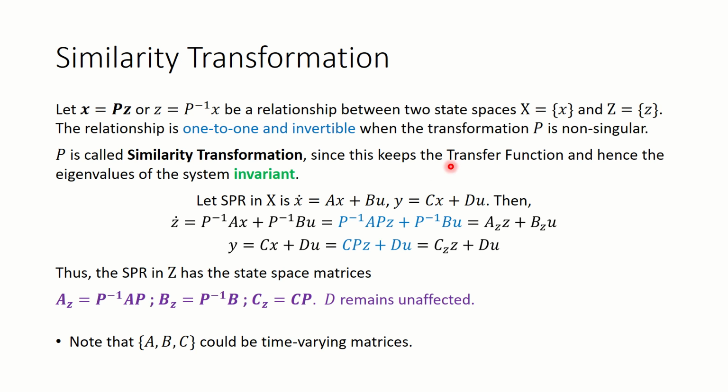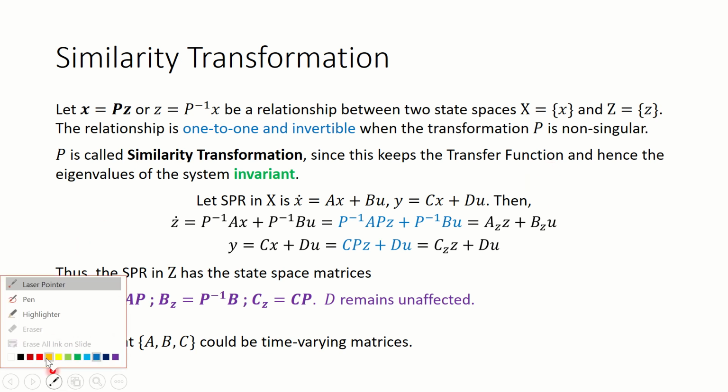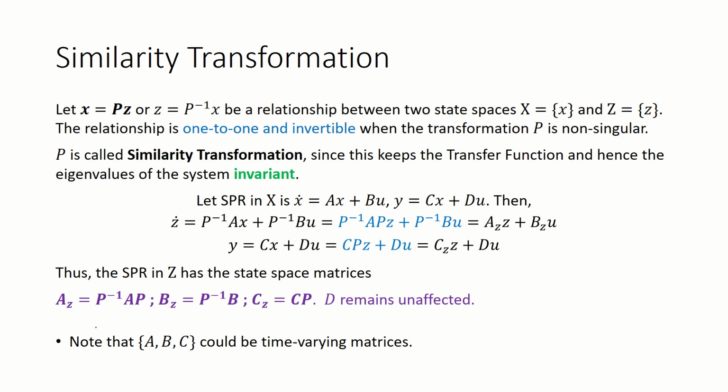The state space X is a space of all the vectors small x, and Z is a space of all the vectors small z. So it is like this. Let me try to draw this. Suppose we have a two-dimensional system.